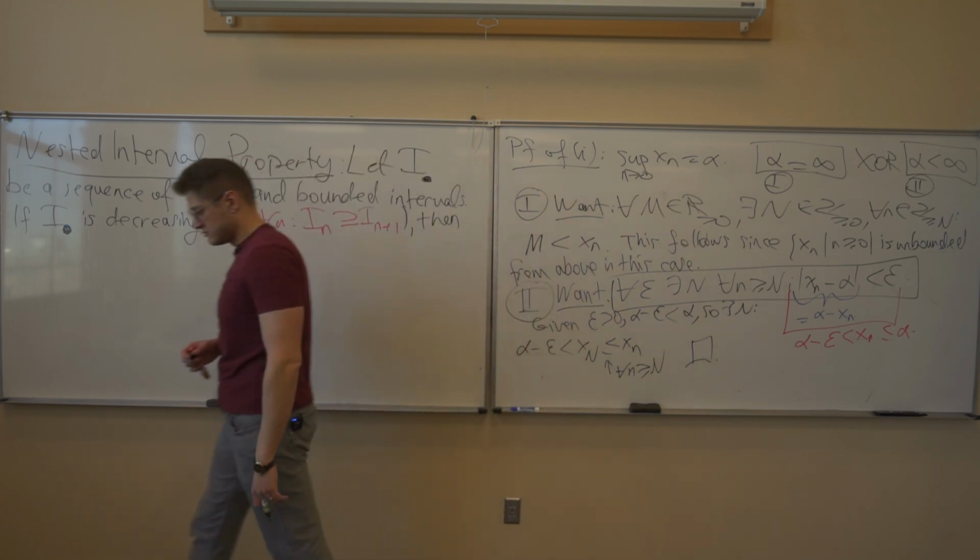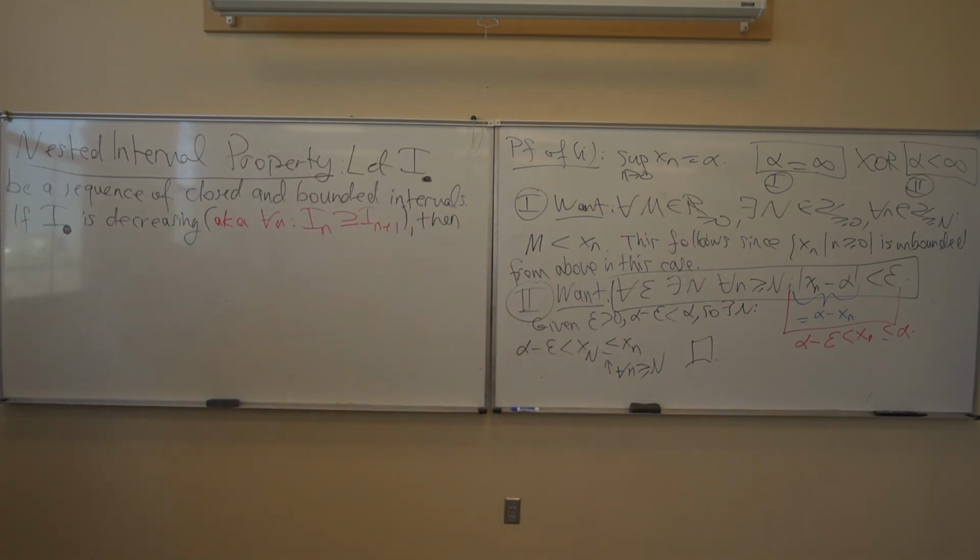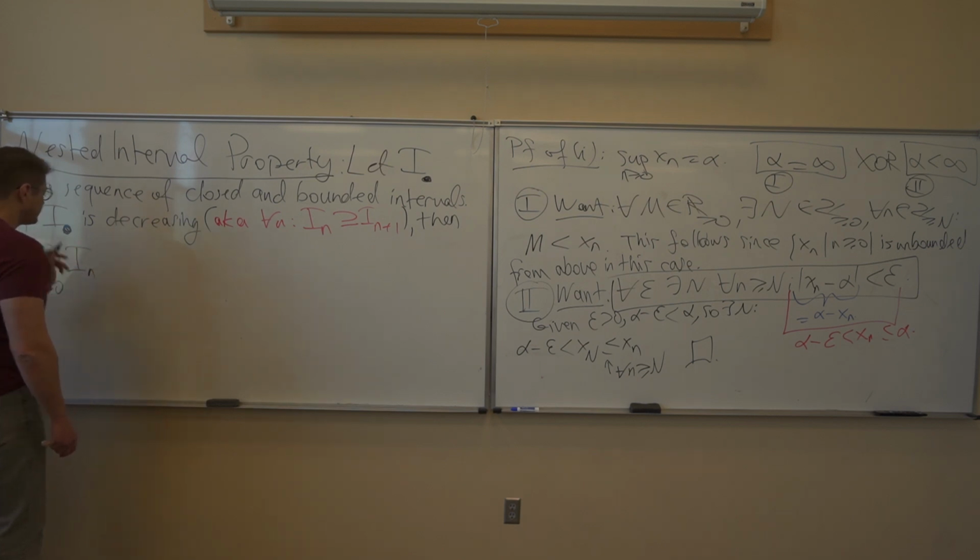Then, well, you take the intersection of them, and indeed that intersection is in a sense their limit. In many senses it's their limit. So you look at the limit, in other words, the intersection of all of these.